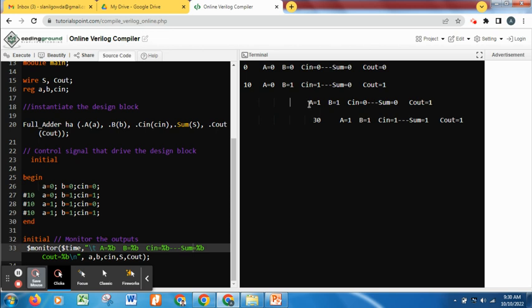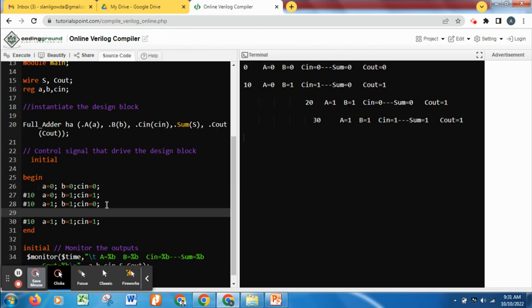Let me include one more, because after 10 time units of delay from the previous execution, I'll change A value equals 1 and B value equals 0 and C in value equals 0.